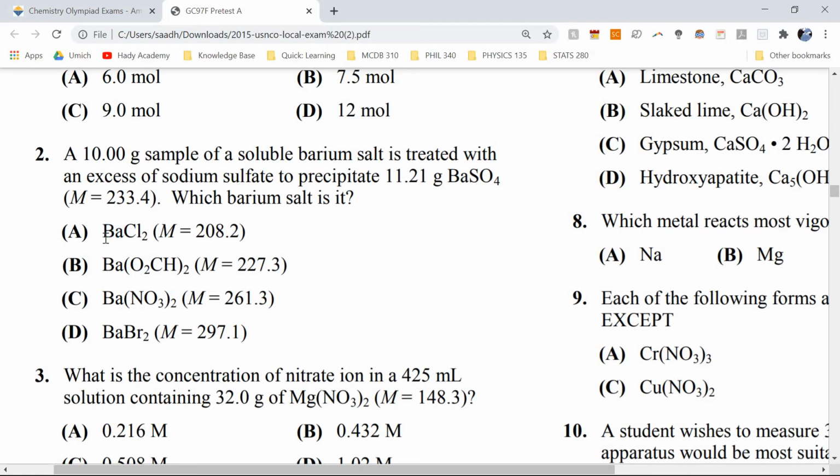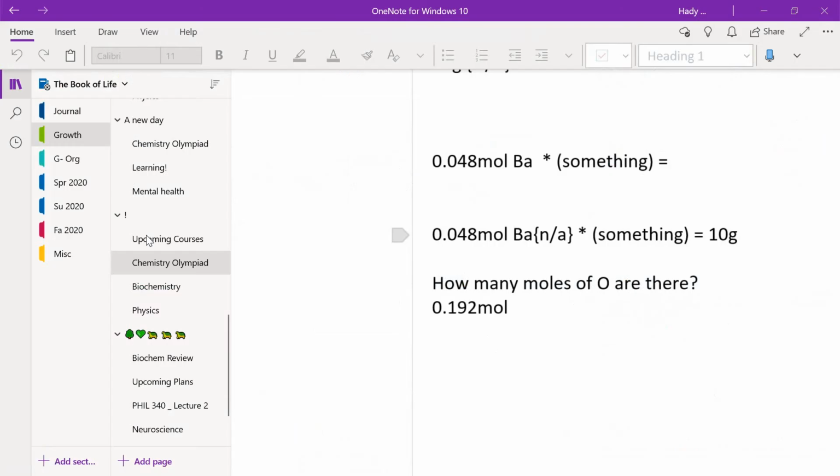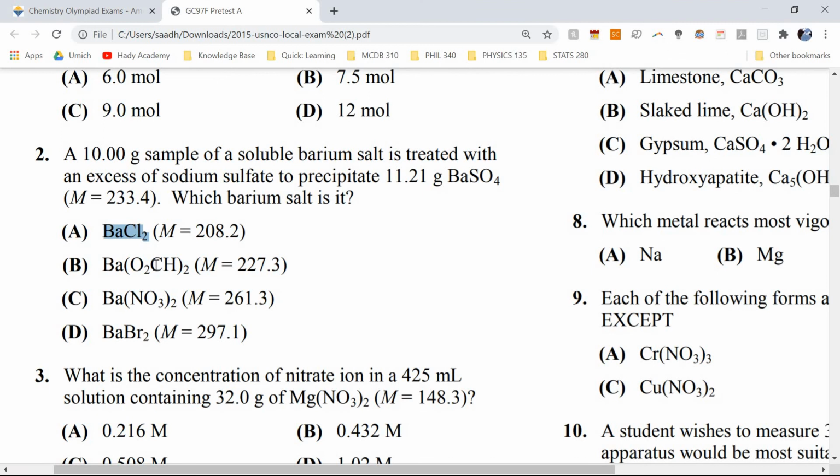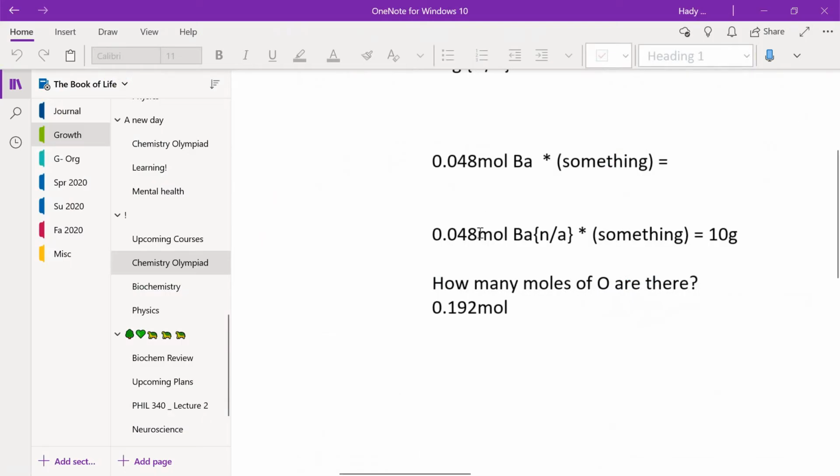So it's 0.048 moles of the starting material, and it has to have a molar mass where 0.048 moles equals 10 grams.